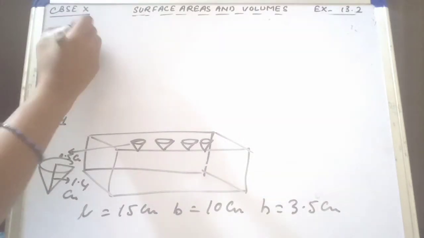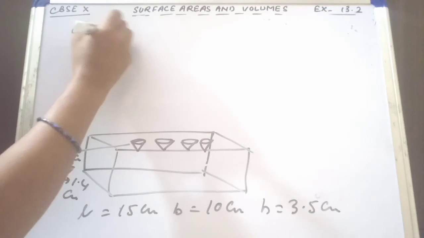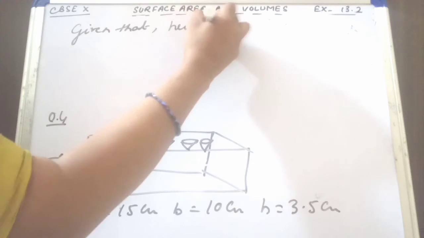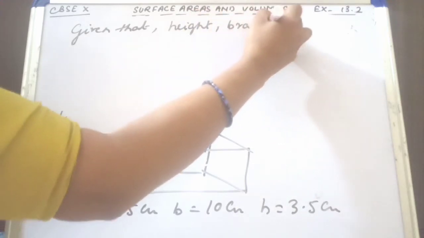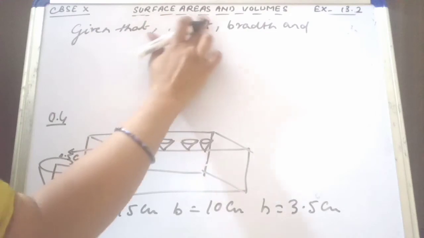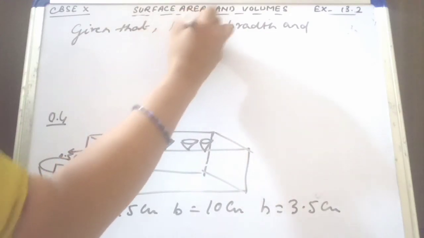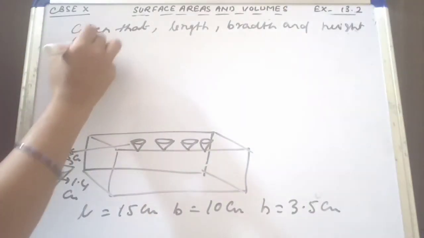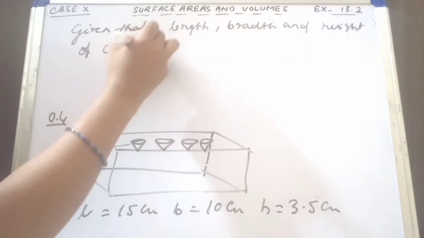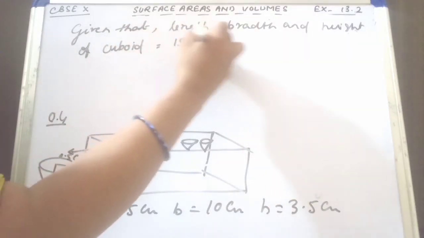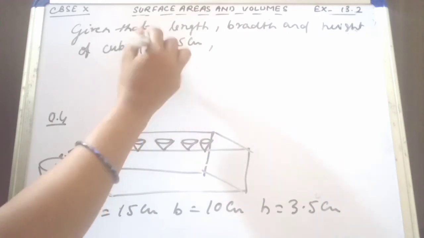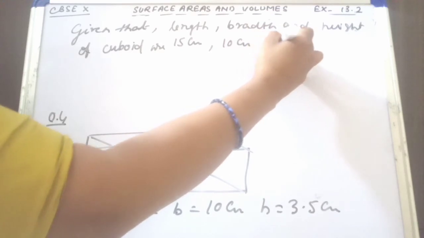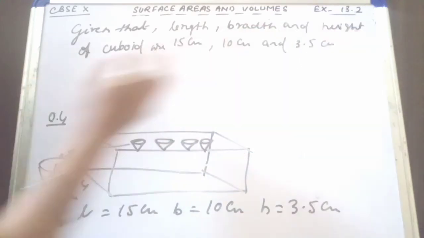So given that the length, breadth and height of the cuboid are 15 centimeter, 10 centimeter and 3.5 centimeter respectively.